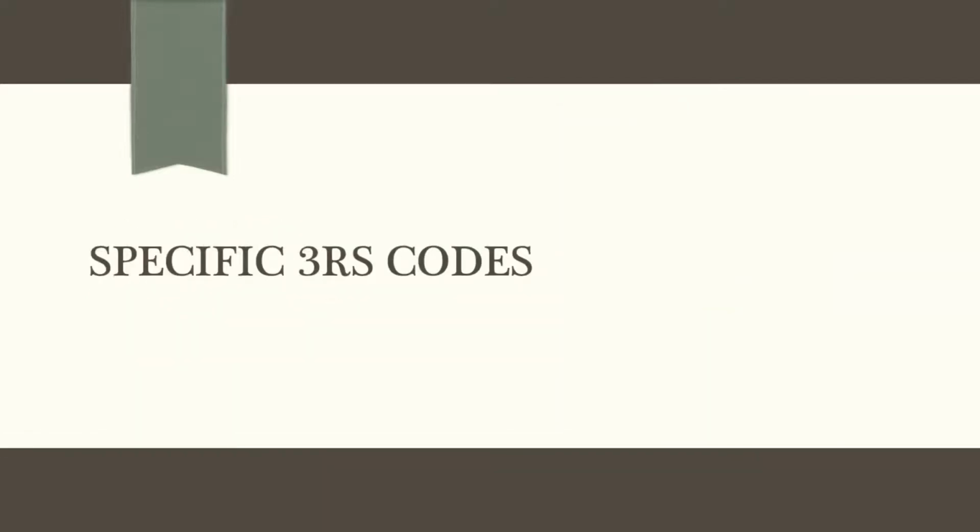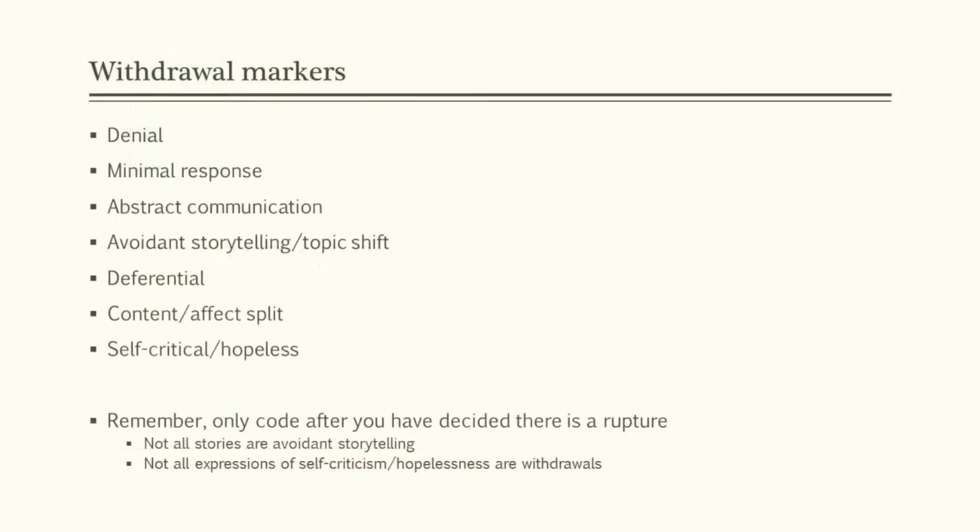So let's talk a little bit about, I've talked in general terms about withdrawal and confrontation and resolution, but let's talk about those specific codes and review those a little bit. So for withdrawal, the withdrawal markers in the 3RS, let me just briefly say what each of these is about.